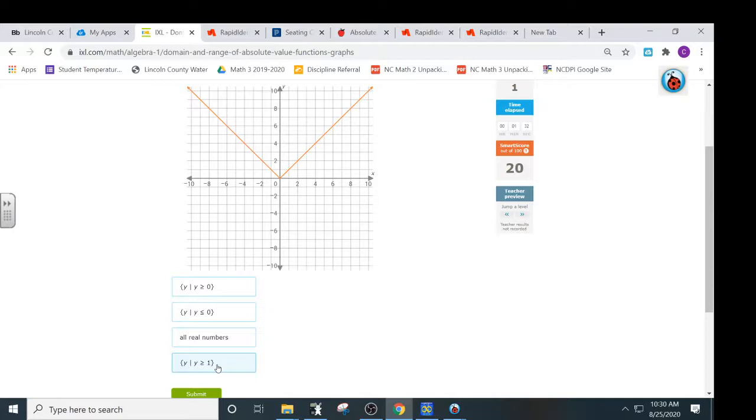Everybody understand that? So we know it's one of these two right here. Well, guys, if this thing opens up, is it covering y values greater than 0 or less than 0? If it opens this way, up, it's greater than, right? Because as you go up, the y values get bigger. So this is y values greater than or equal to 0.